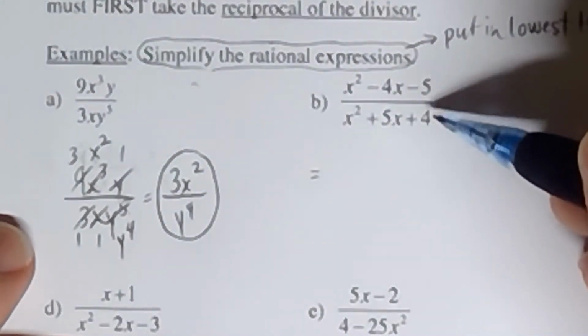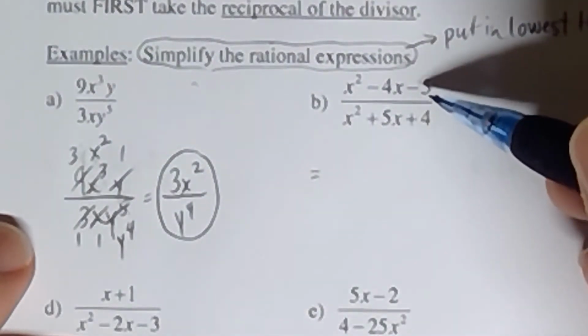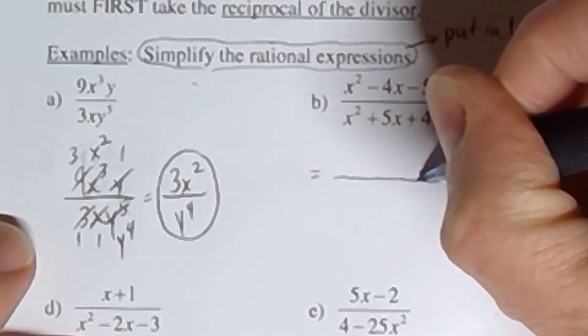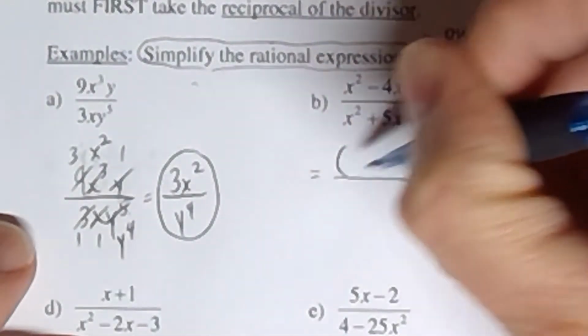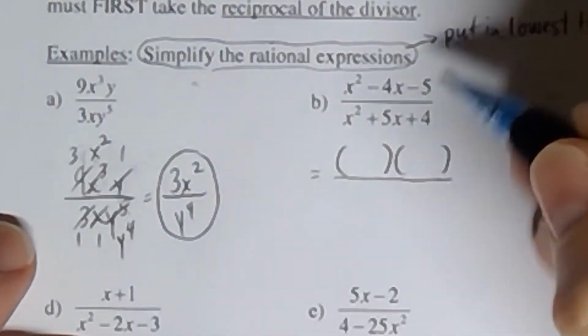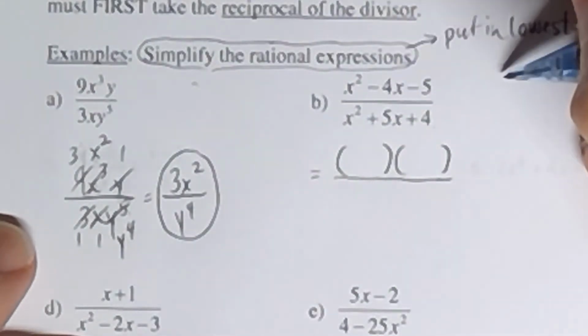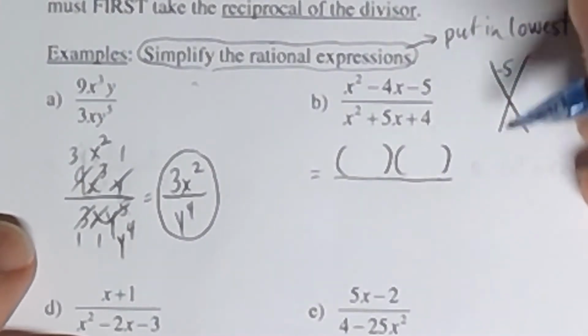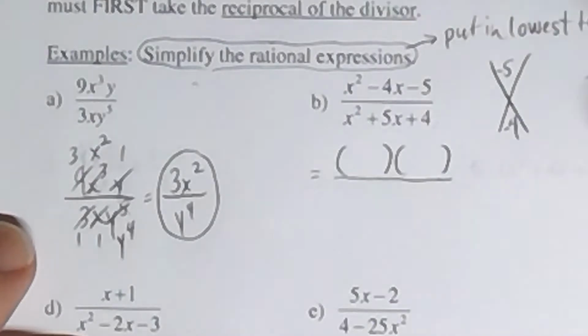And you can see that both of these have a GCF of 1, but they also both look like the Berry method. Okay, so I'm going to do the Berry method on both of these. What do we get on the top here? We get -5, with the middle number being -4.